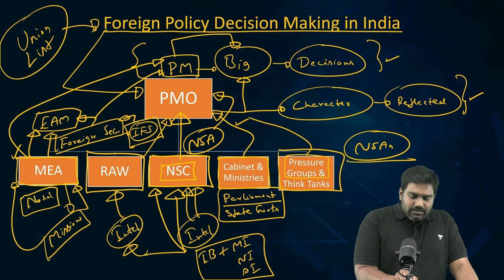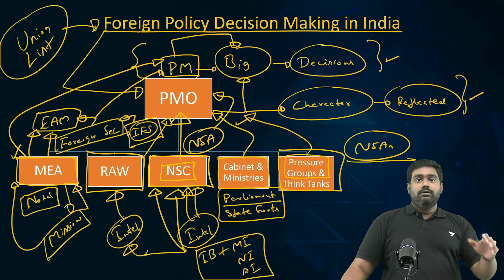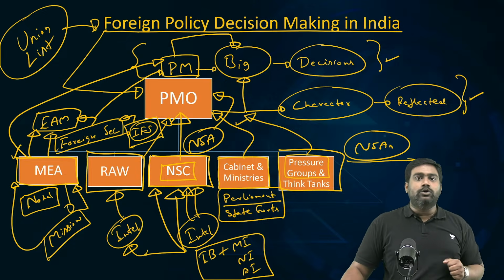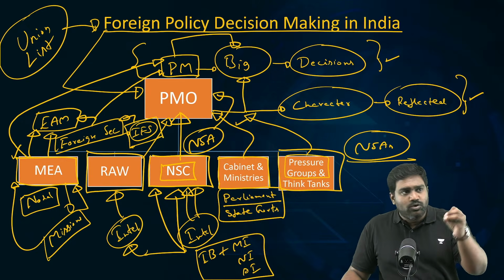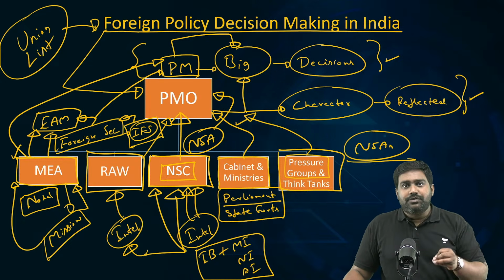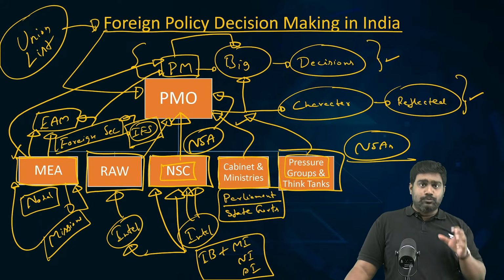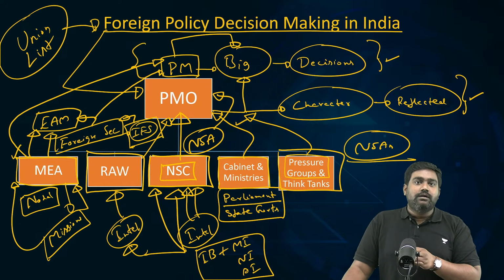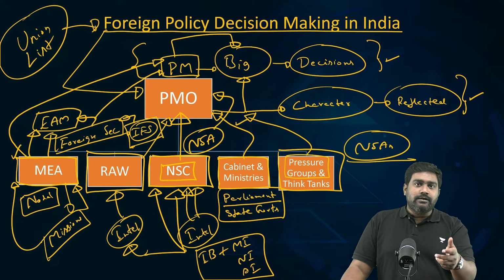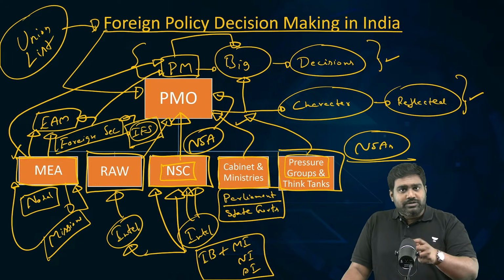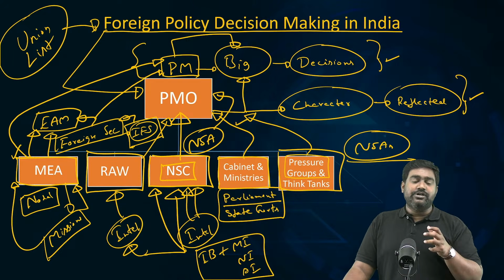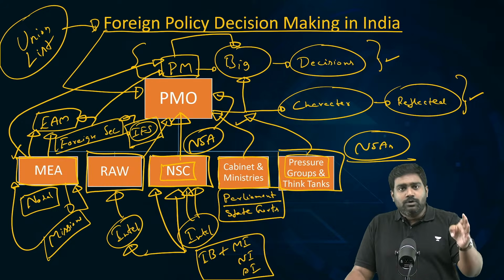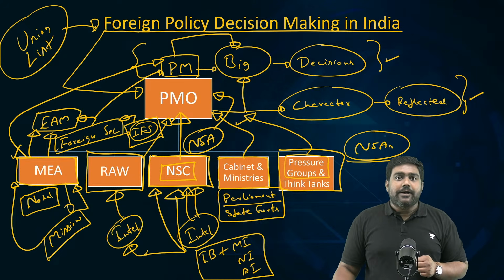When India is negotiating an FTA or participating in WTO talks, don't you think farmer unions will represent themselves, try to put pressure on the government to protect farmers' interests? Don't you think industry associations like ASSOCHAM or CII and the others, don't you think they will lobby with the government, the big industrialists, right? They will try to influence the foreign policy of India.